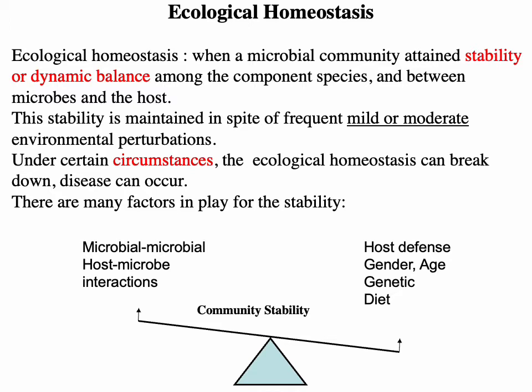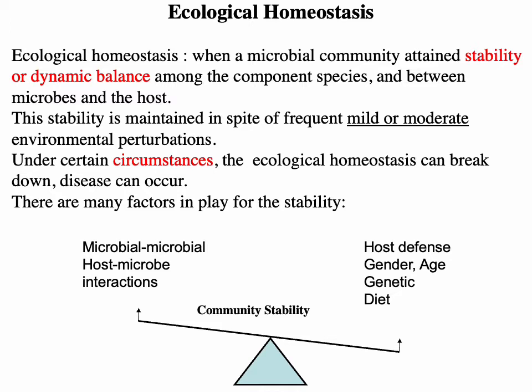These are environmental changes. As long as the changes are moderate or mild, that balance, that homeostasis, should be able to maintain itself. So when the ecological homeostasis is broken down, that means disease is going to occur.